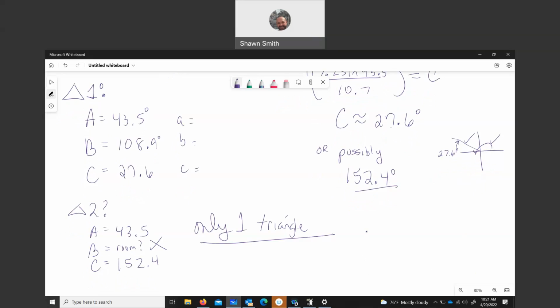So we go back here and fill in the remaining parts. We got 10.7 for A, C was 7.2.